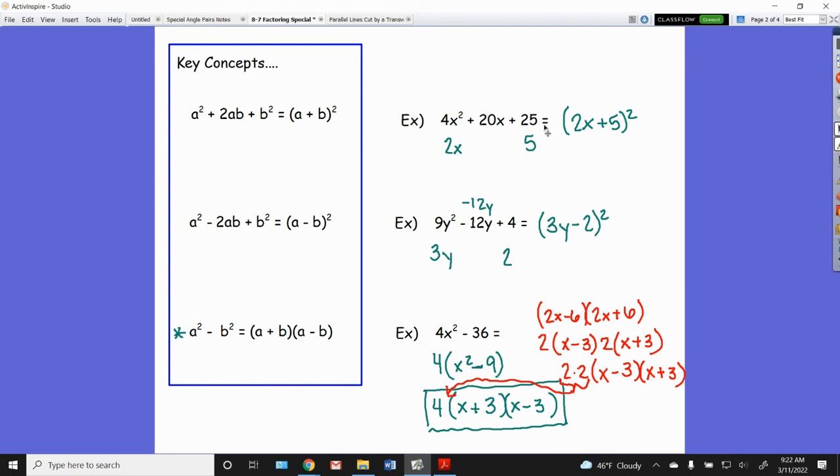Let me go ahead and check the last thing, see if it's a perfect square. If it is, 4x squared, the square root is 2x. Square root of 25 is 5. 5 times 2x is 10, and if I double that, I get 20x. So then that means that those are the two things that make up inside the parentheses. And then same thing down here, except if my number is a negative, I put a minus sign.